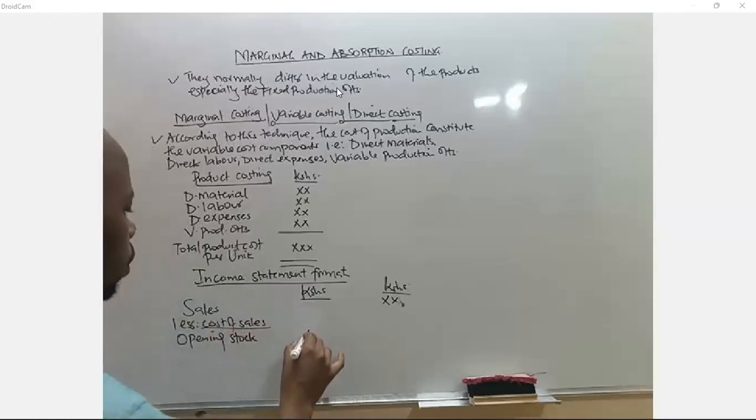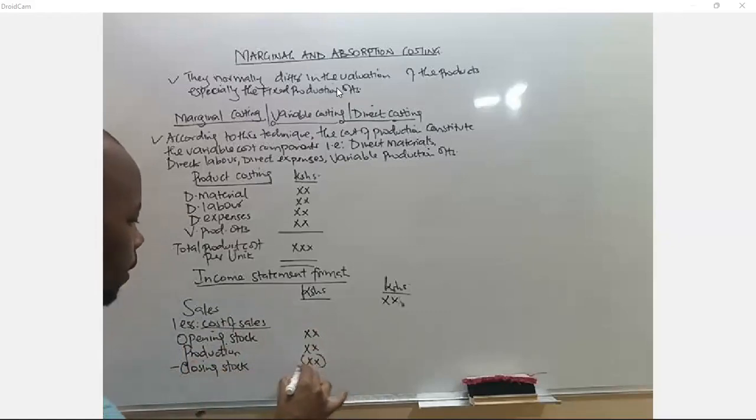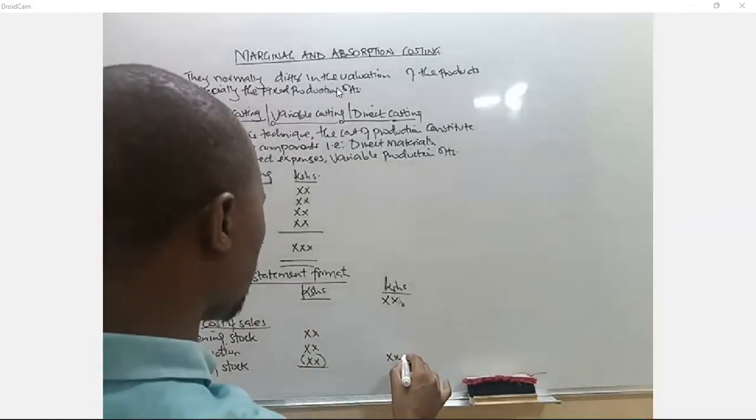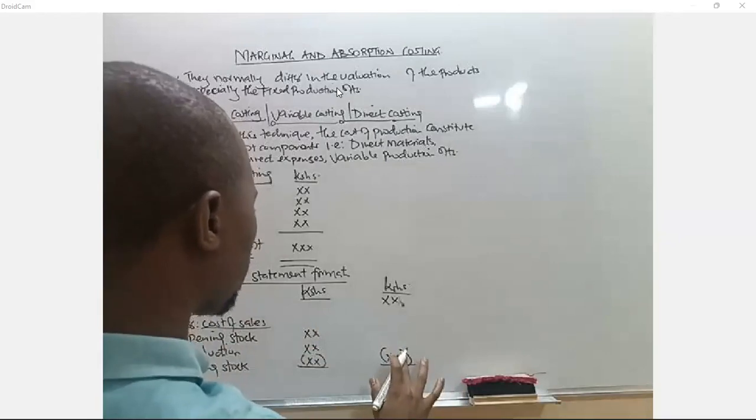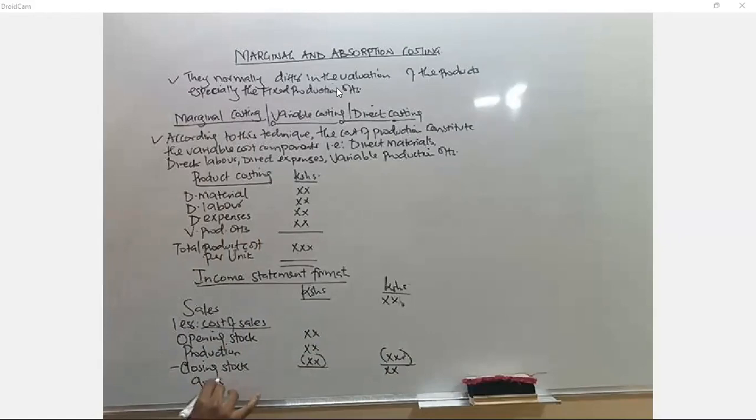Then, rather than factory purchases, we replace this with production. Then we less the closing stock. At the end of the day, you get the total cost of sales. Then we subtract and get the gross profit.